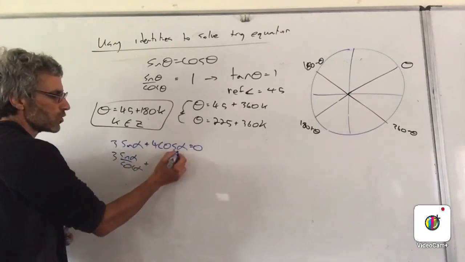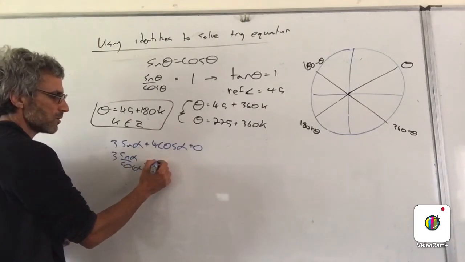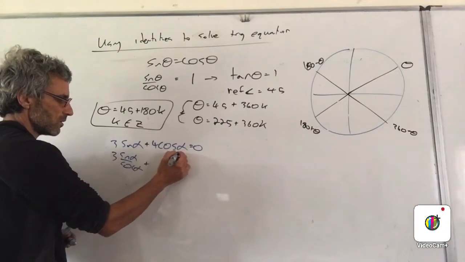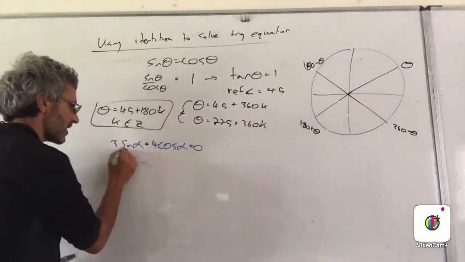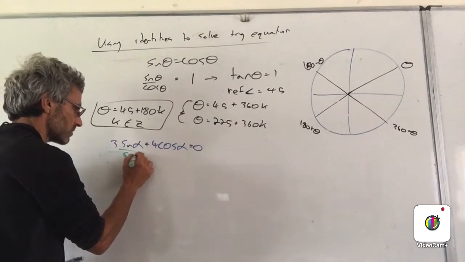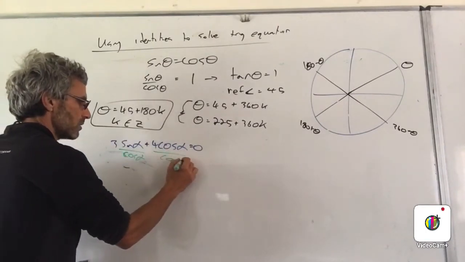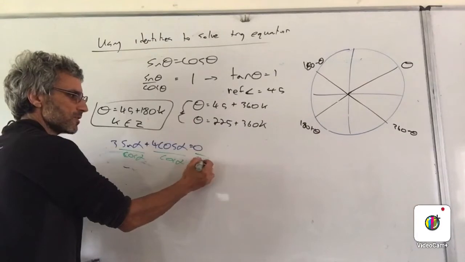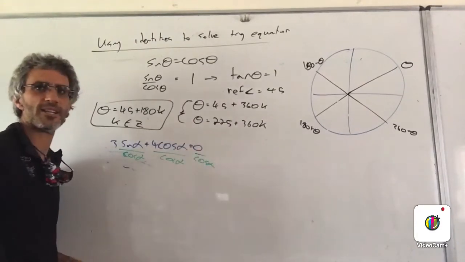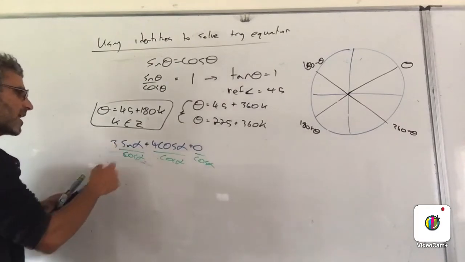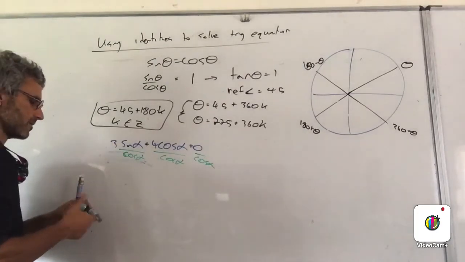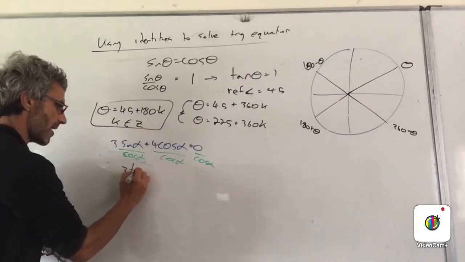What is 4 cos divided by cos? It's 4. Let me just write it again. So I'm going to divide everything by cos. Do I need to divide 0 by cos? Yes, but 0 divided by anything is 0, right? And then what is 3 sine over cos? 3 tan.